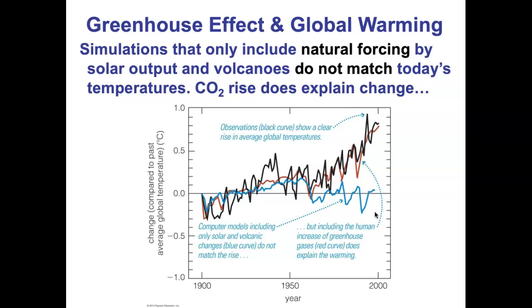So if you add in all the burning of wood and coal and oil and natural gas, then the Earth would be the red line. The black line is the real data. The black line is the temperature the Earth actually has been over the last 100 years. And you can see the black line fits the red line pretty darn well.